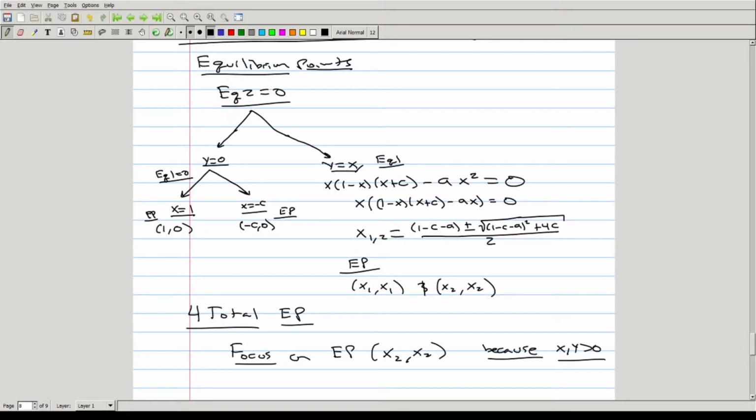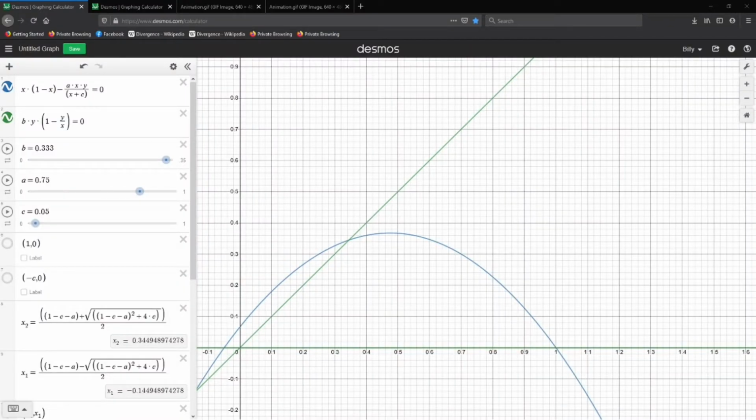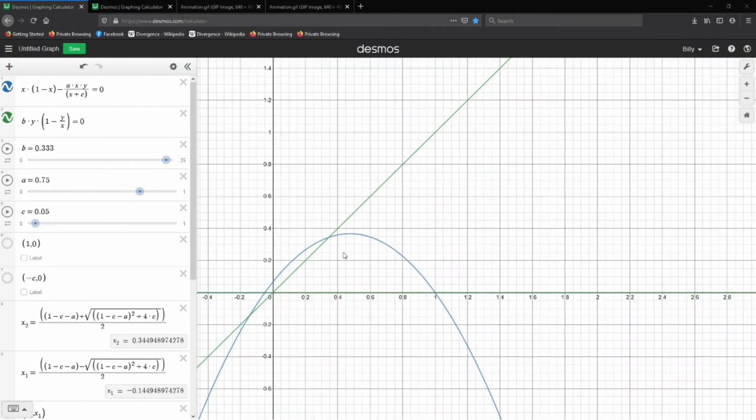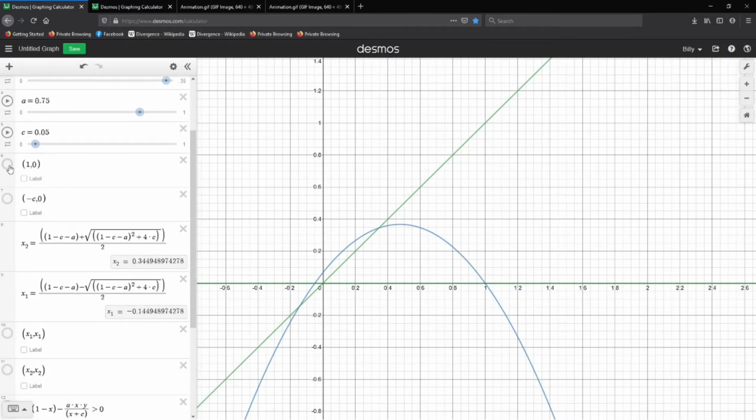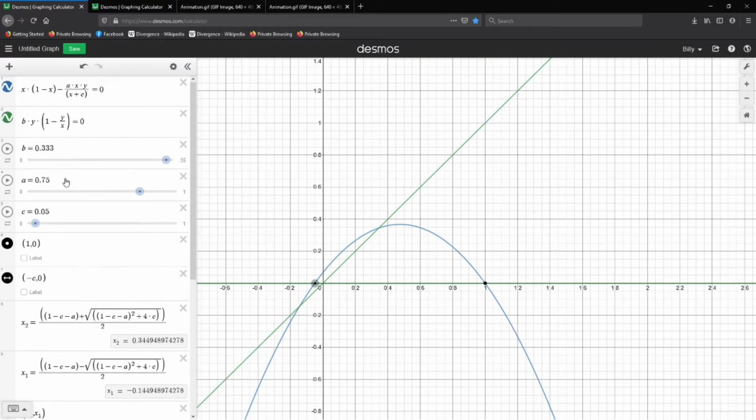We can get a nice picture of this just by looking at a Desmos plot of the null lines along with the equilibrium points plotted for any number of values. So let's open that up, take a look at that right now. And this is the Desmos plot of the null lines, where I've also included all of the equilibrium points that we solved for in terms of any general a, b, or c in the problem.